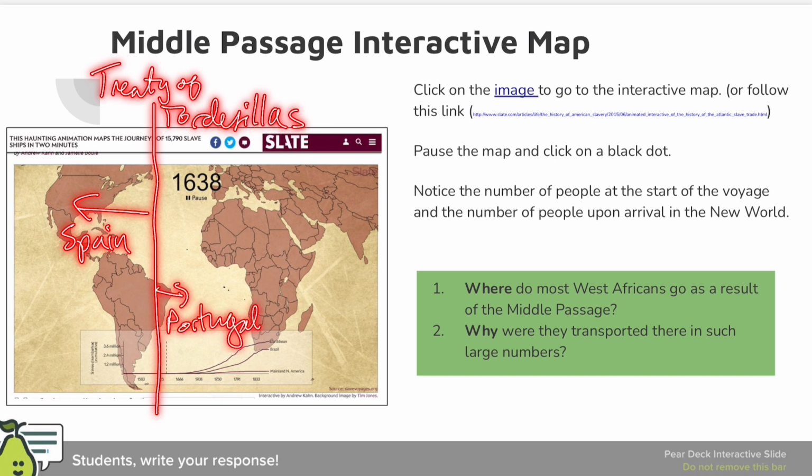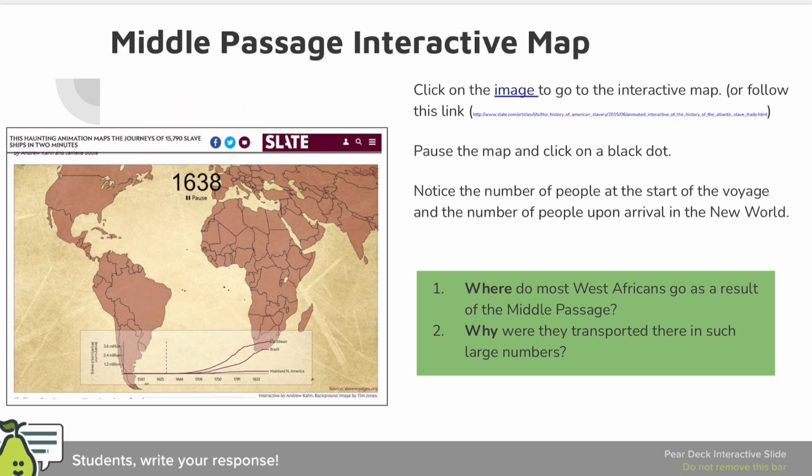So most of the Western African population is going to be taken to plantations in the Caribbean and in Brazil, okay? We know that the cash crops grown on those plantations are going to enrich the Europeans at the exploitation of the Native Americans and the African population.